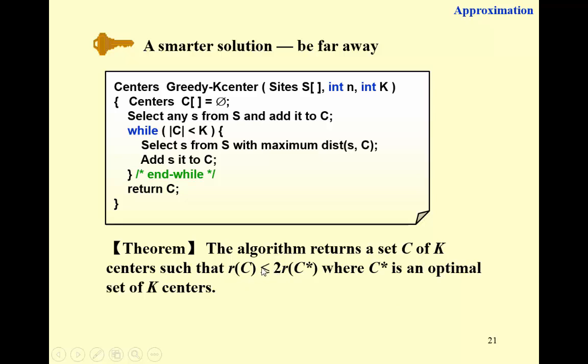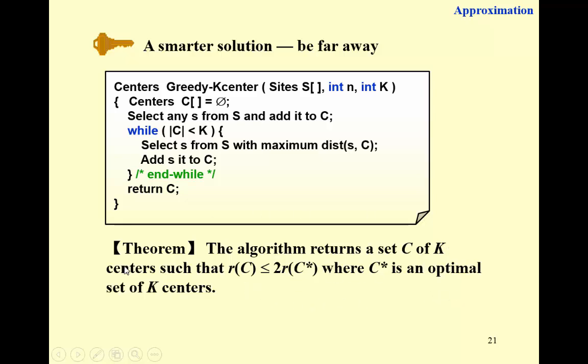Say, if this is not true, if this radius is strictly greater than 2 times the optimal radius, let's call it r star, it means that if we select k centers with exactly 2r star as the radius, then those disks would not be large enough to cover everything, right? That we must have some sites that are not covered.